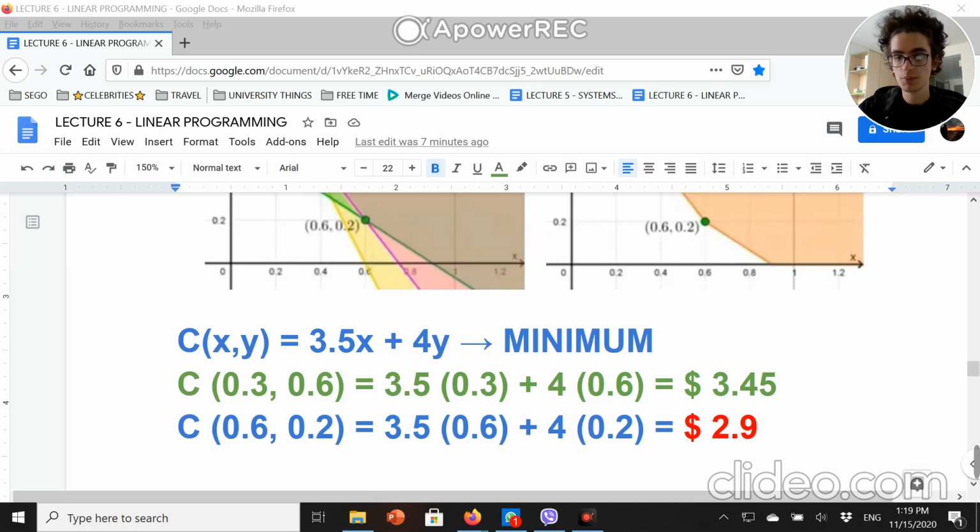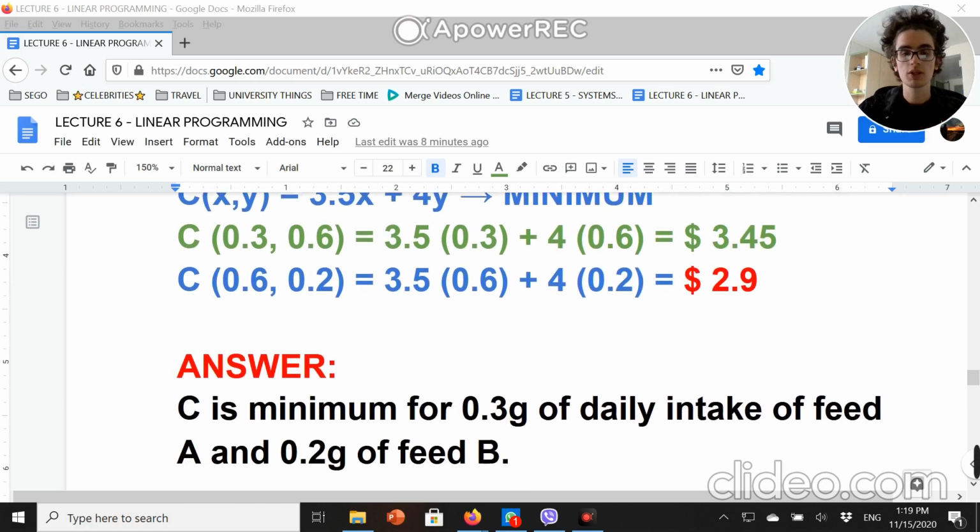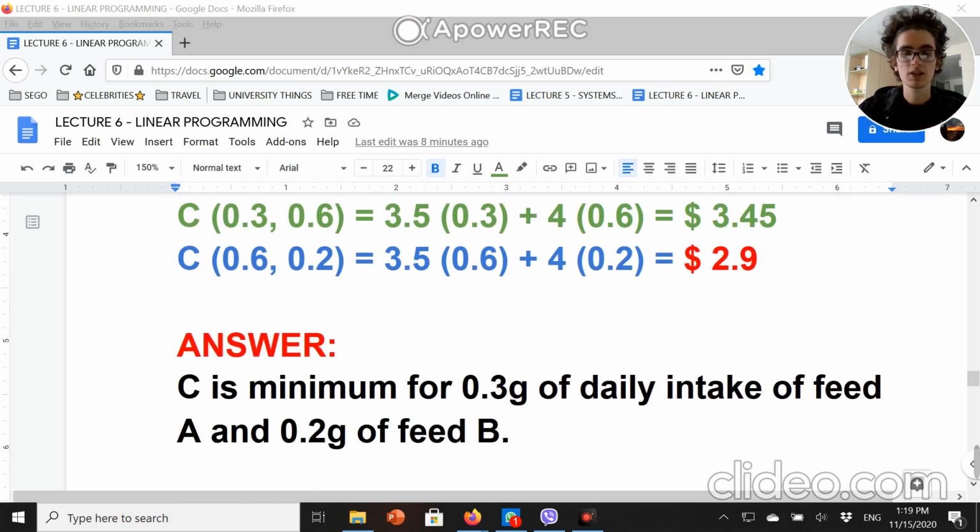And when we compare these two, we see that 2.9 is smaller, or actually cheaper, than $3.45. So we would say that C's minimum is for the daily intake of feed A and feed B at this point, and that would be our answer.